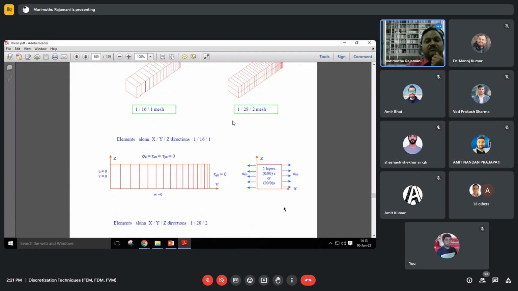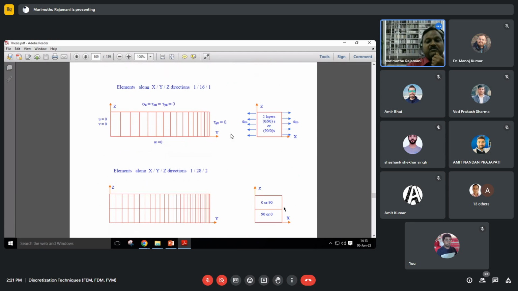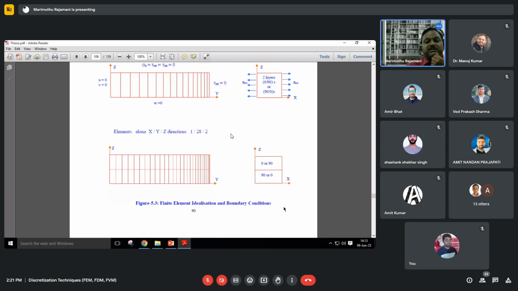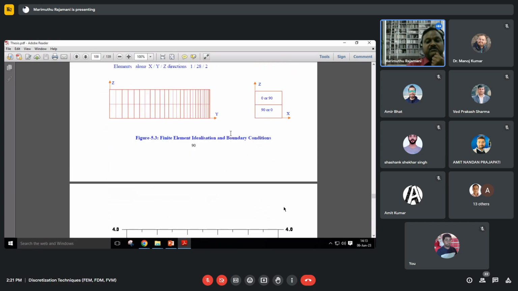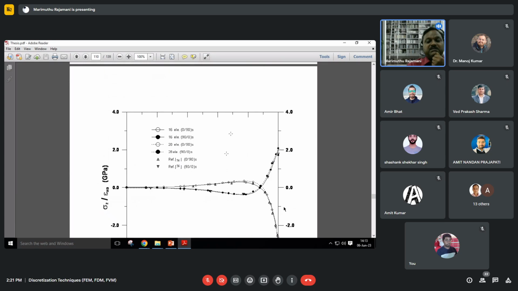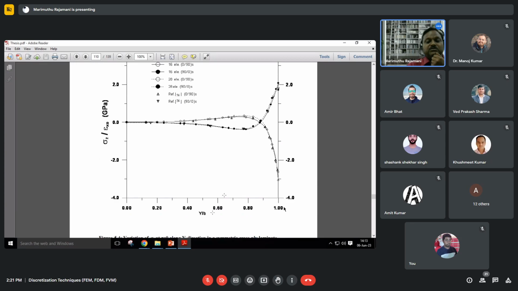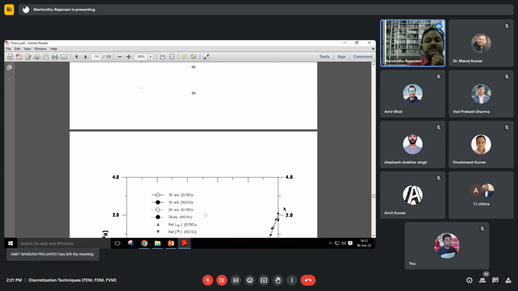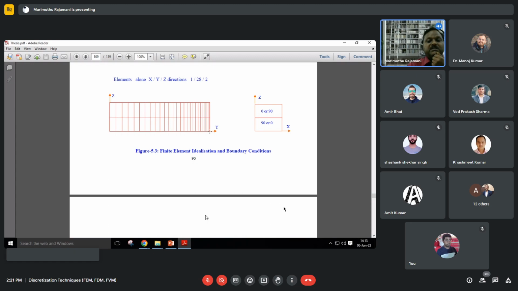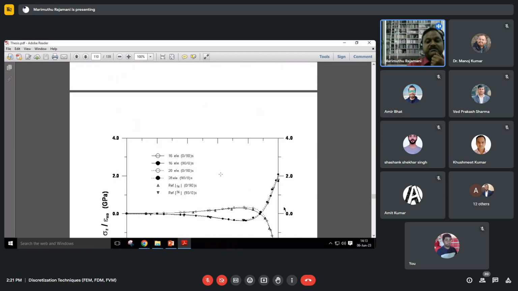The stresses are, okay, 0, 90, 90, 0. This is how the stress variation of sigma z, epsilon 0, through y by b, along y, is.